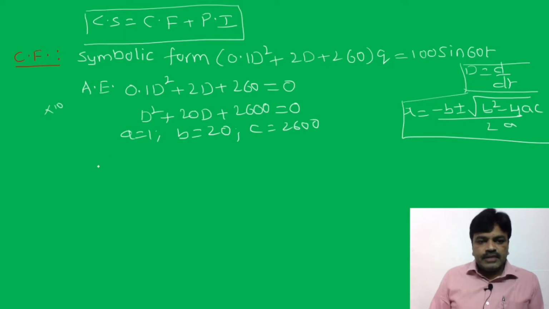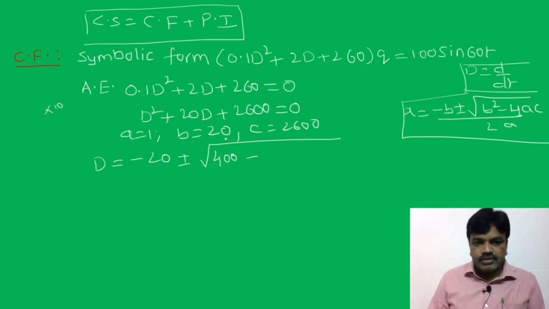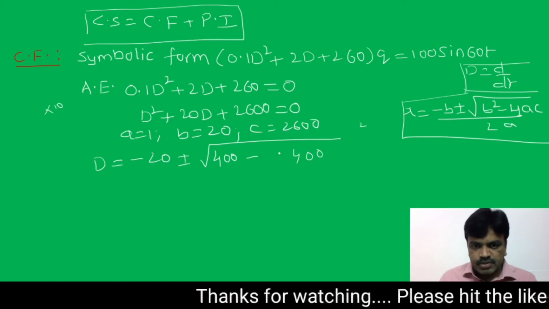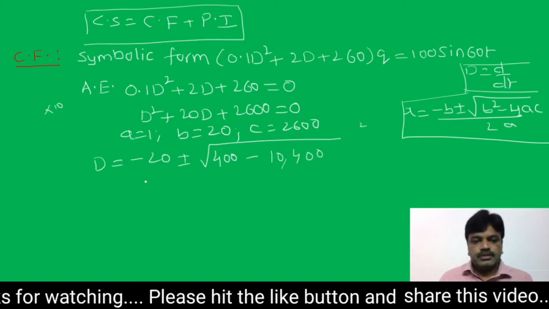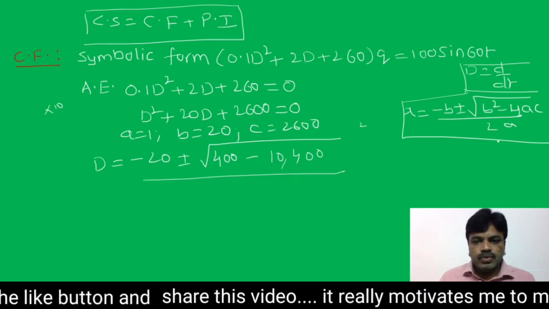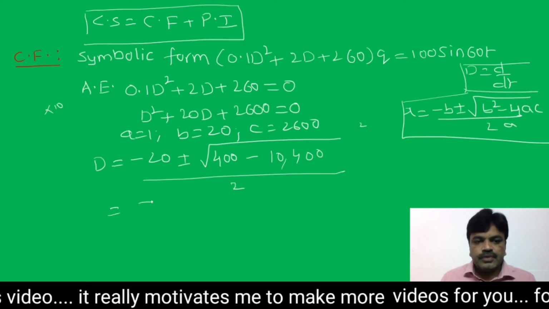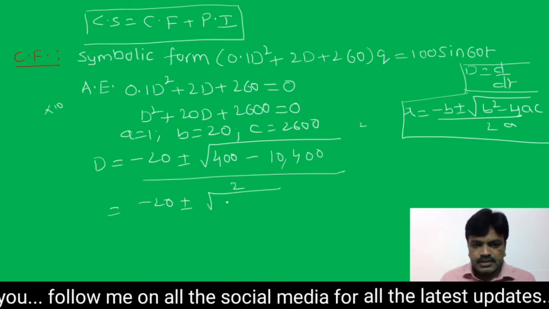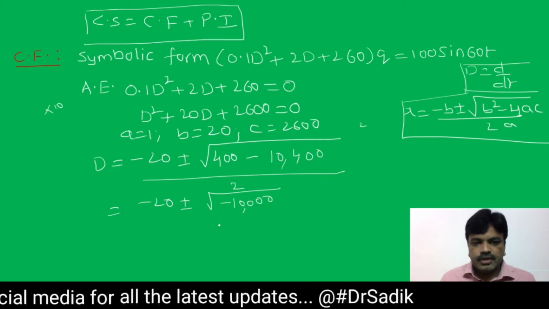So D is equal to minus 20 plus or minus square root of 20², which is 400, minus 4 into 2600, which is 10,400, divided by 2. So we get minus 20 plus or minus square root of minus 10,000, by 2.